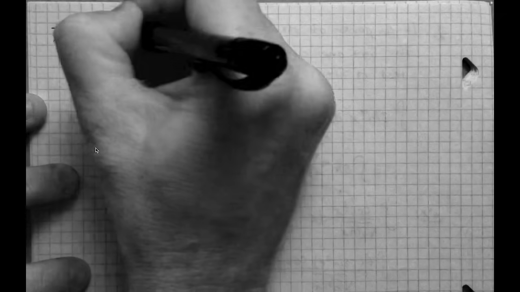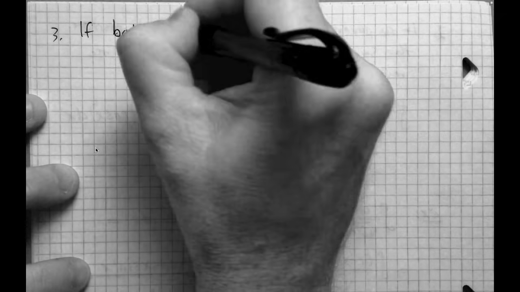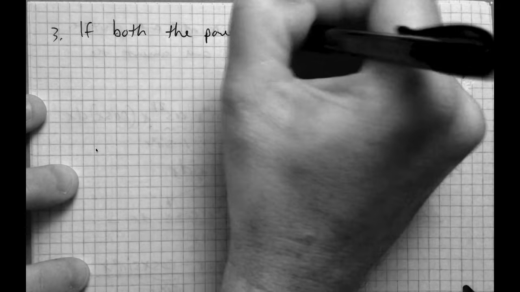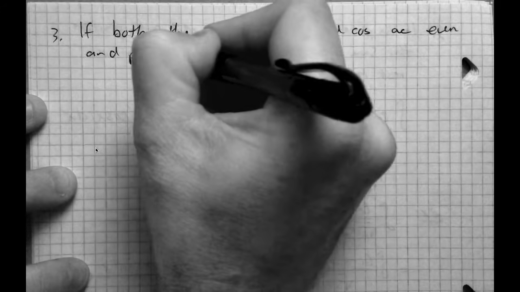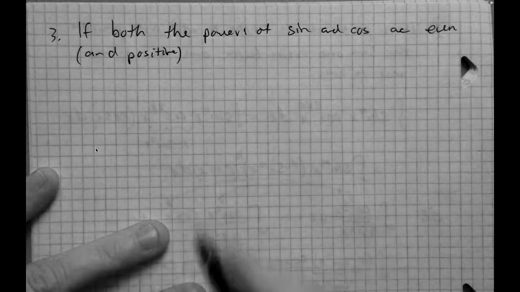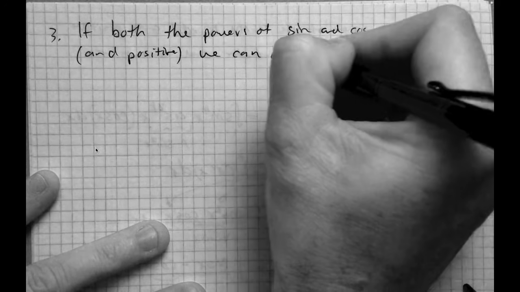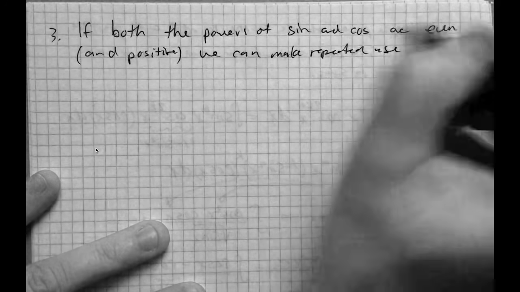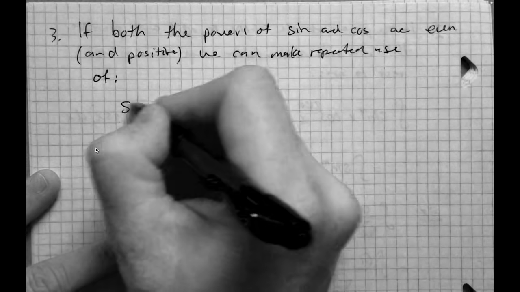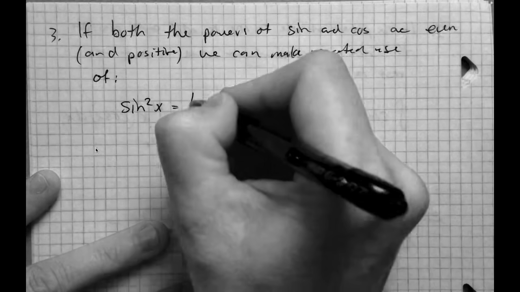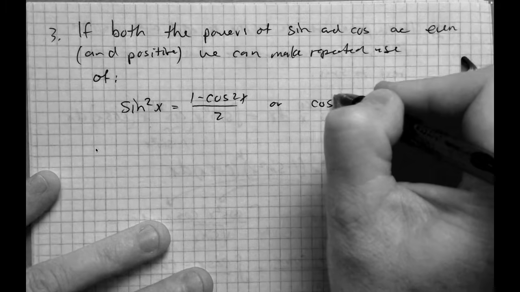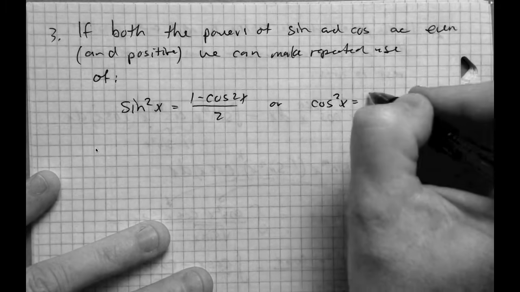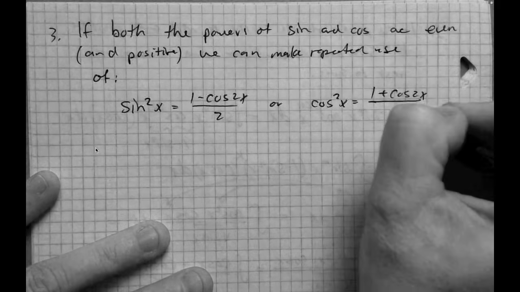So if both the powers of sine and cosine are even and positive, we can make repeated use of these guys here. Sine squared x equals 1 minus cos 2x over 2, or the cosine version, cosine squared x equals 1 plus cos 2x over 2.